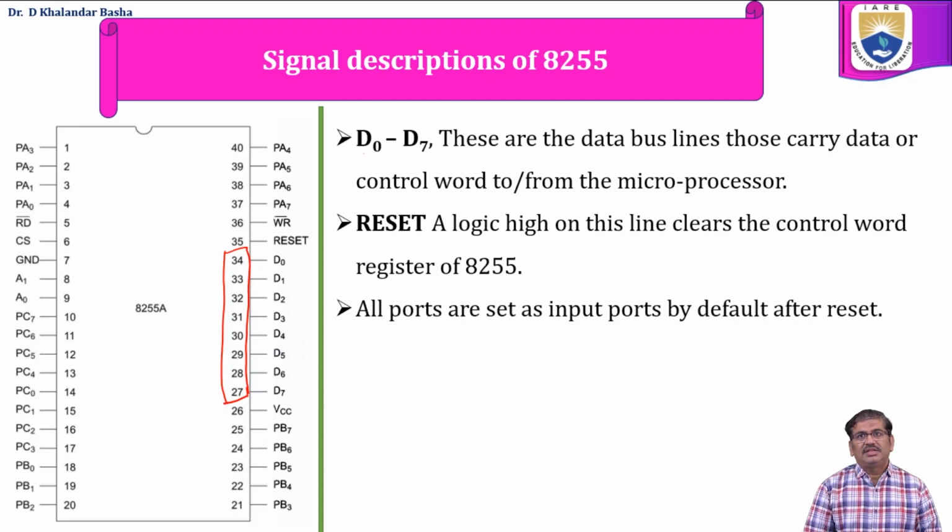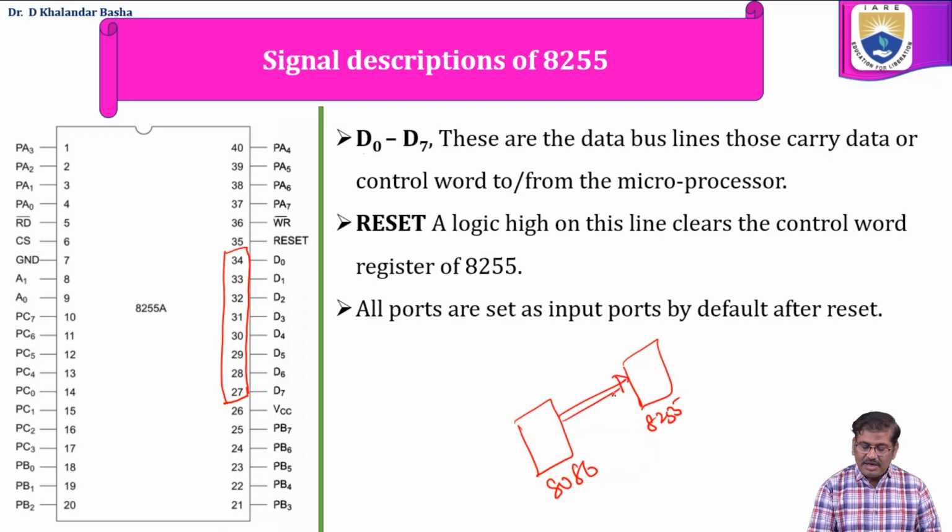These lines are data bus lines that carry data or control word to or from the microprocessor. So from the 8086 processor to 8255, the data will be transferred on the data bus. Here the data bus size is 8 bits. The 8086 processor has a 16-bit address data bus, out of which we are going to use only 8 bits, that is D0 to D7.